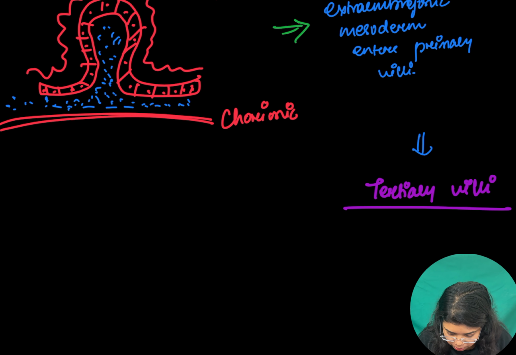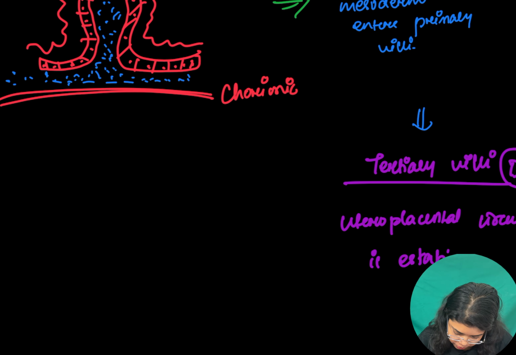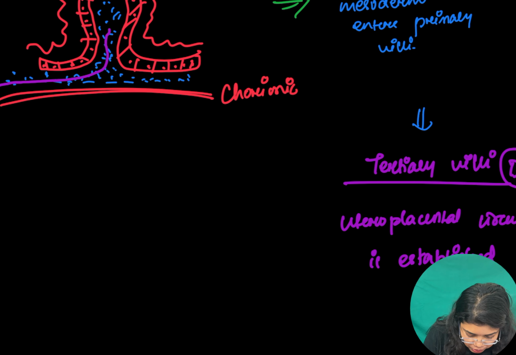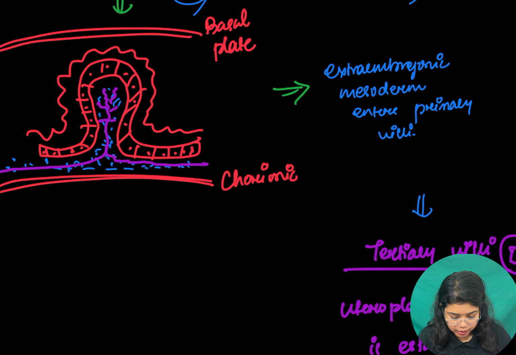In tertiary villi, around day 17, the utero-placental circulation is established. How? Here the fetal blood vessels invaginate into the extraembryonic mesoderm, and the circulation forms.